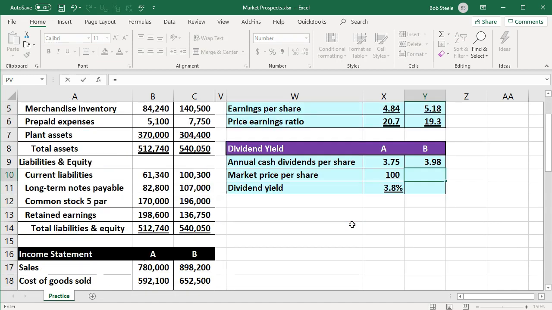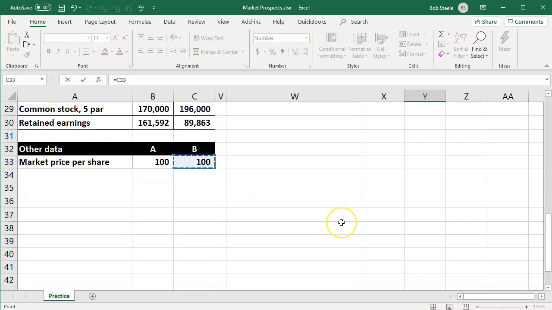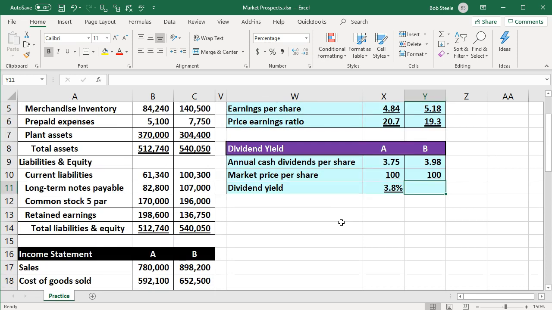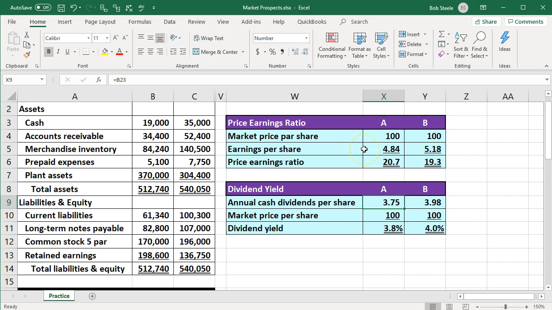We're going to compare that to the $100, the market price being determined, of course, by the market. And we're going to be comparing the 3.98 divided by the $100 market price. In this case, we're showing what's actually being paid back, what we're actually getting on the investment, as compared to the market price, which is what it would cost to invest. So it would cost $100 to invest. And we're not looking again at the earnings per share, the increase in the earnings of the company per share, but what was actually given out in terms of dividends.